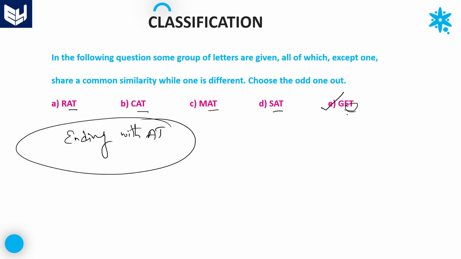That is the reason why the answer for this question is get. Option G is the right answer, whereas the remaining four options are ending with AT. So the answer for this question is option G, that is GET.